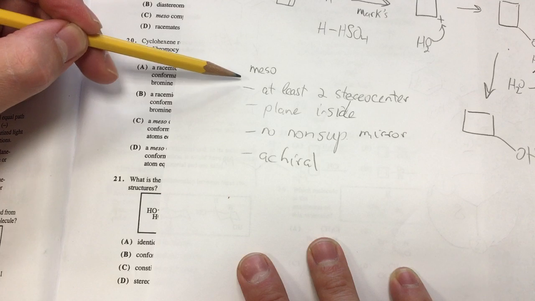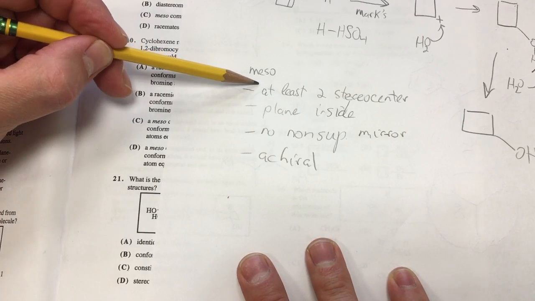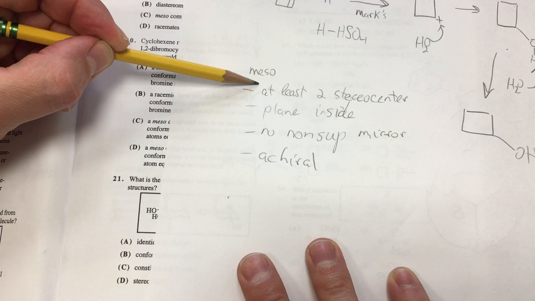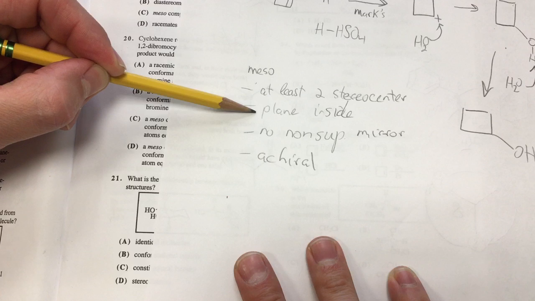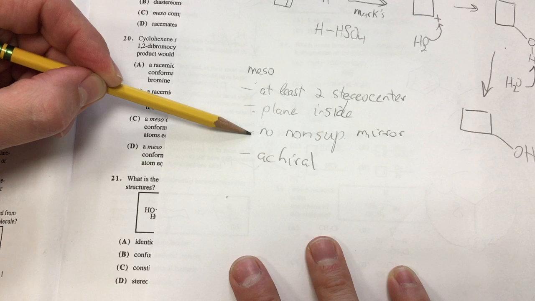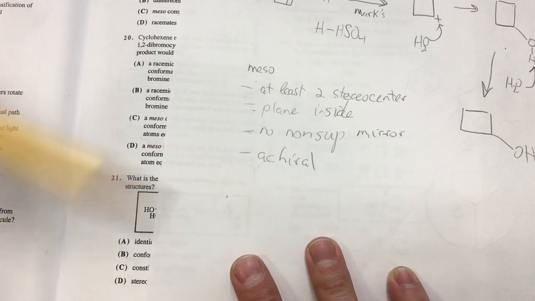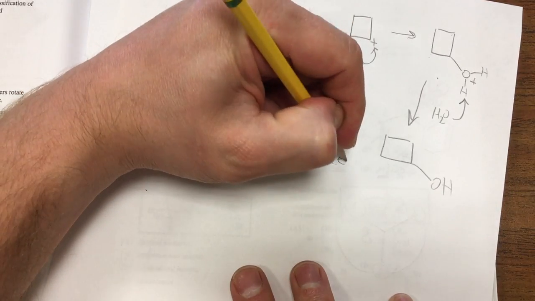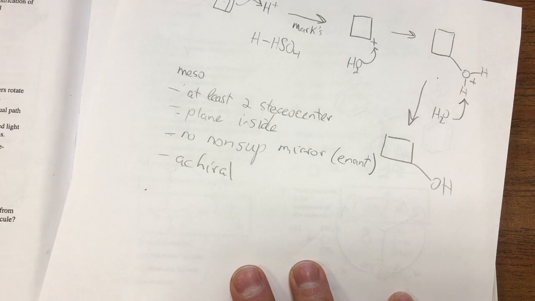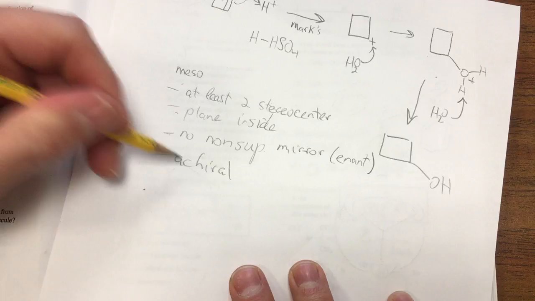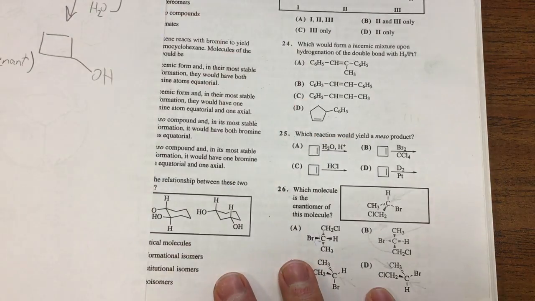But when you're trying to identify a meso compound, it has more than one stereocenter, so R and S, maybe both of those. It has an internal plane of symmetry. And I know I kind of sketched this out roughly. It does not contain a non-superposable mirror image. Another easy way to say that is it does not have an enantiomer at all, because it is actually achiral. Okay, so that's that here.